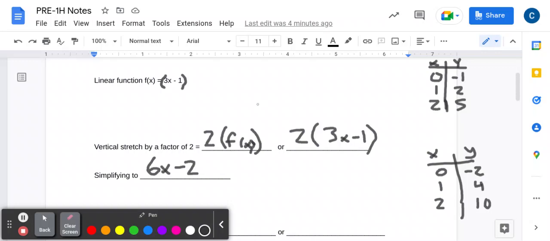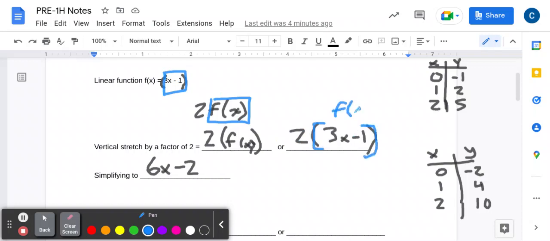All right, so that's a simple one, vertical stretch by a factor of 2. It's going to be 2 times f of x, right? And since f of x is this thing, we multiply 2 times that thing, because that thing is f of x.